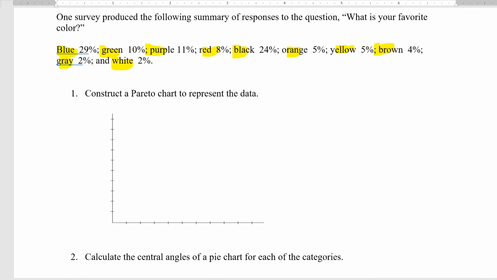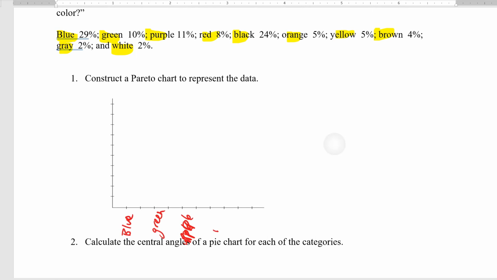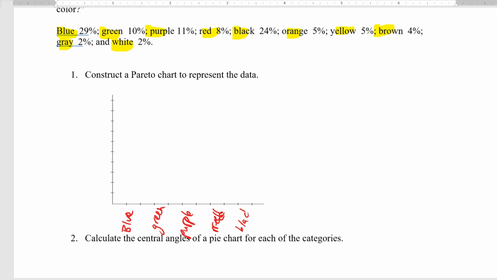So I'll leave some space, and right here I would put blue. And then next to it I would leave a space, and then I would put green. And then a space, and then purple. Then a space, and then red. And then a space, and black, and I'm going to run out of space, so let's add some lines, and then a space, and orange.